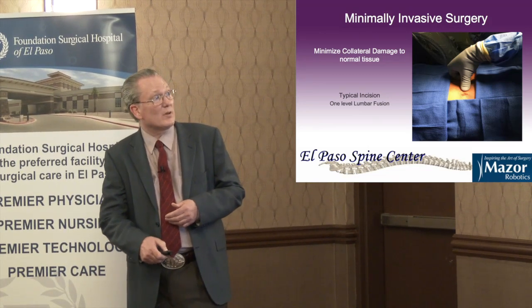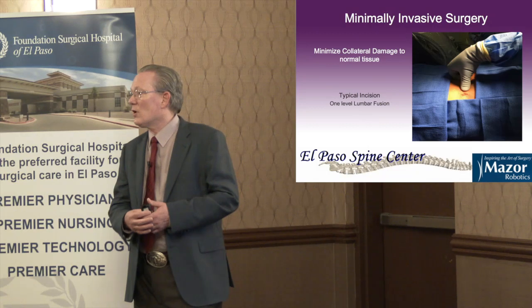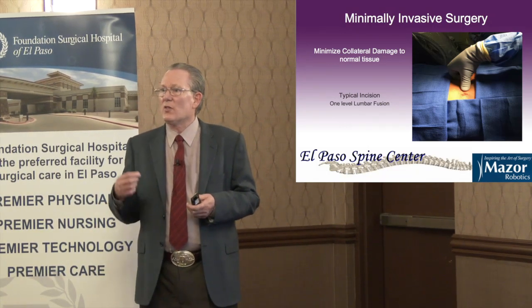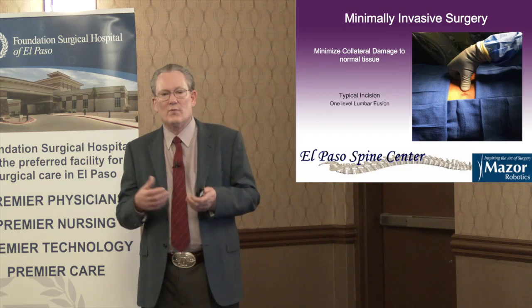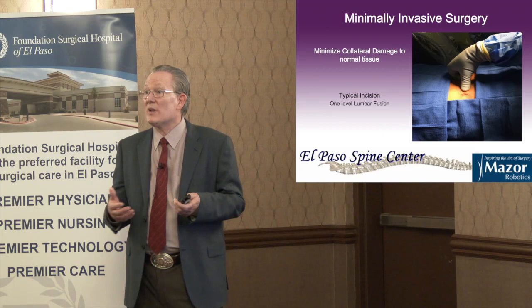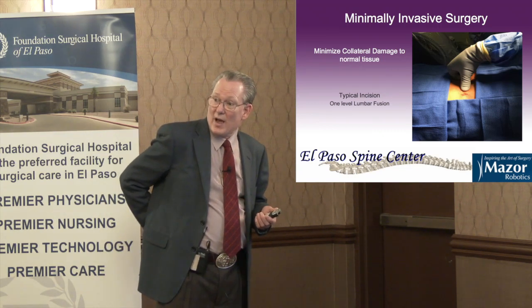By using a very small incision, and also by picking a path which is more direct to the area of pathology. So for example, in the past, classically what we've done is if somebody had a damaged disc in the lower back, we would make an incision on the lower back.